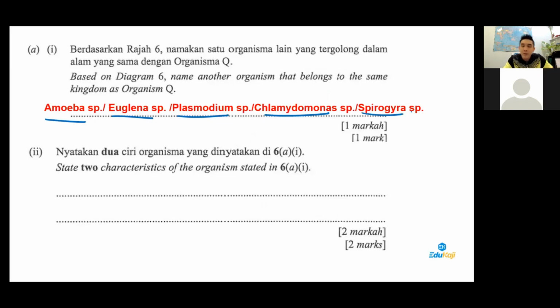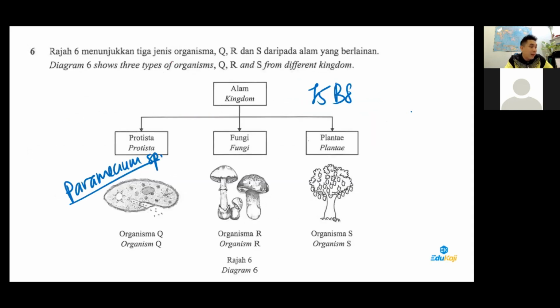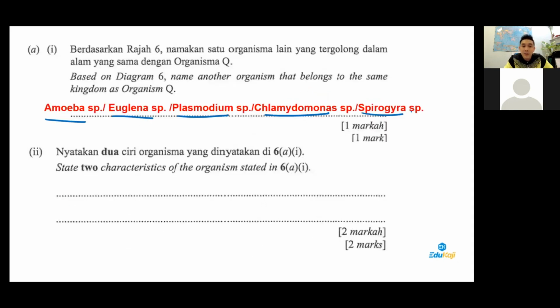And give 2 characteristics of protista. Protista, guys, can be unicellular or multicellular. They have a very simple cell organization. The cell has a nucleus. You guys have many points.